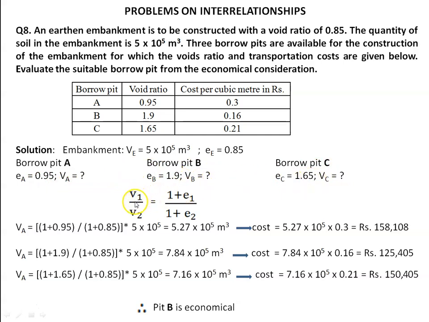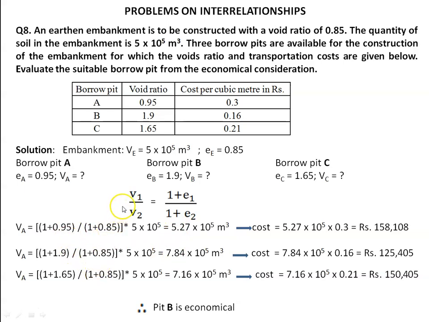So here, since it is of same soil, we can use the volume relationship V1 by V2 equal to 1 plus E1 by 1 plus E2. So by applying this equation for each of the borrow pit, that is A, B and C, we can estimate the volume of soil required from each borrow pit, that is VA, VB and VC.